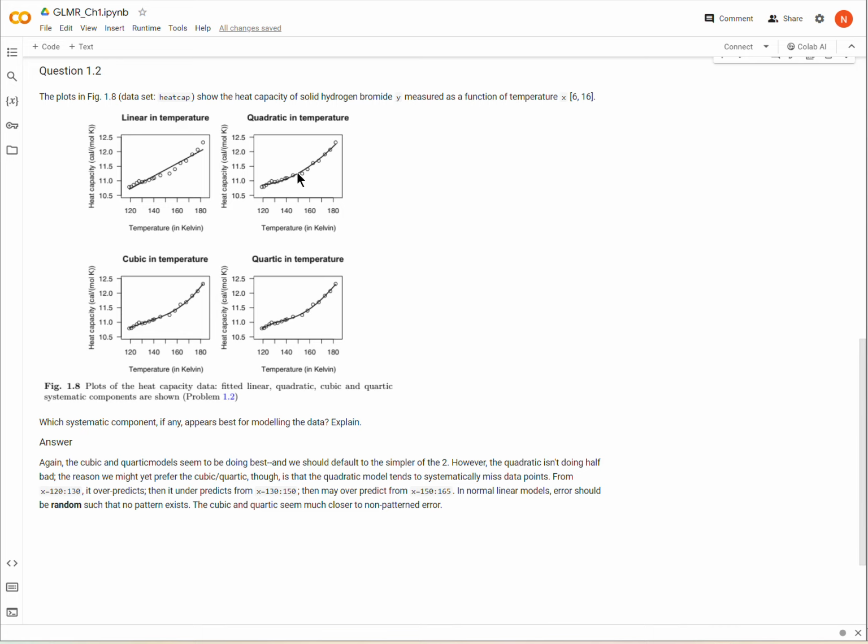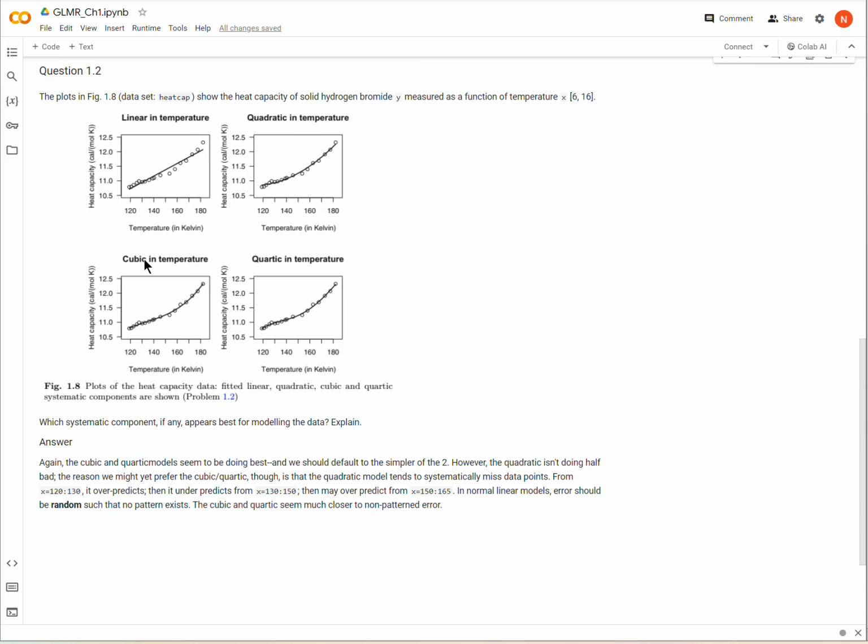In other words, they're just as likely to be above as they are to be below the prediction, right? And that's not what's going on here in the quadratic one. So there seems to be some systematic error with this model that is less prevalent and maybe not prevalent in the other two models, okay?